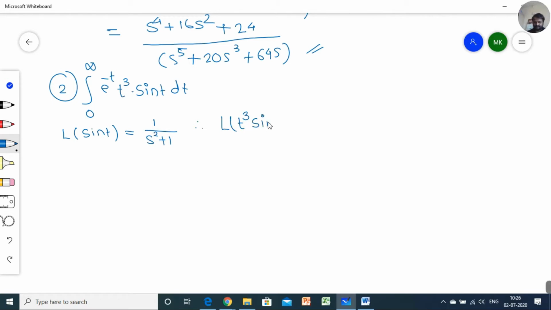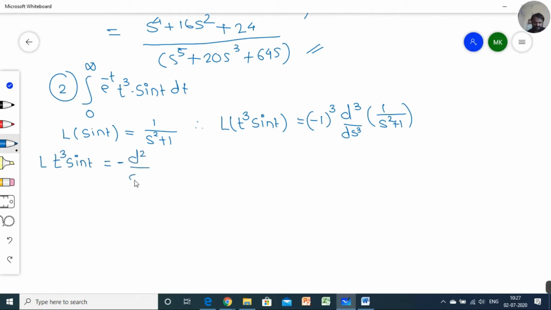Now multiplication by t raised to n is there, so Laplace of t raised to 3 sine of t. You have to apply here minus 1 raised to 3 d raised to 3 by ds raised to 3 of Laplace of sine t, which we already calculated, so it becomes 1 by s square plus 1. We just have to apply the derivative 3 times. So Laplace of t cube into sine of t is equal to minus, taking the sign outside, d square by ds square as it is, because I am applying the first derivative.